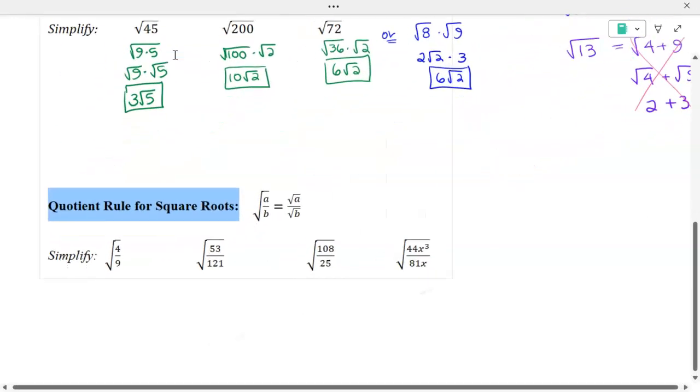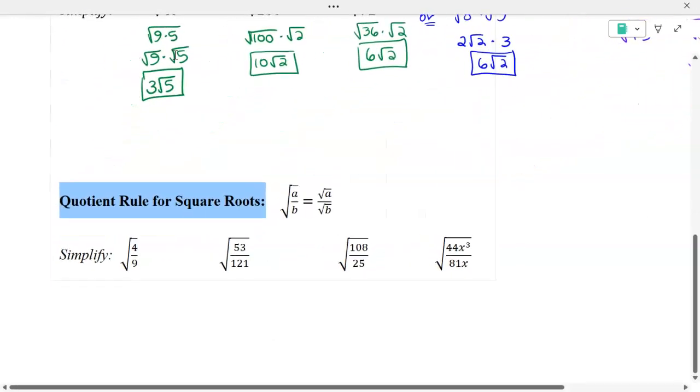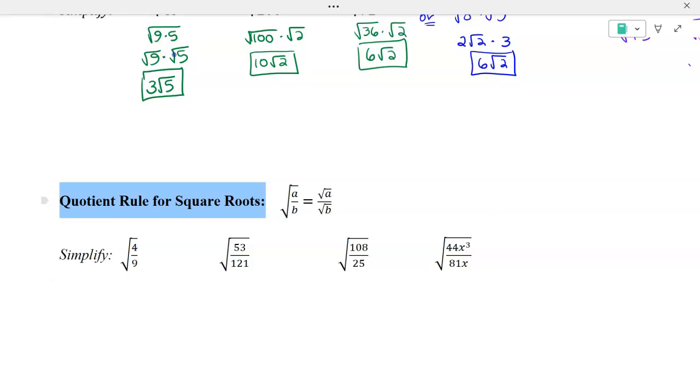Okay, so let's take a look at the last thing that we have here, which is talking about the quotient rule. Remember that you cannot have any radicals in the denominator when you have simplified a term. And one of the things that can help us here, if you have the square root of a over b, you can split it up into the square root of a over the square root of b. So some of these are going to be pretty simple, like in this first one.